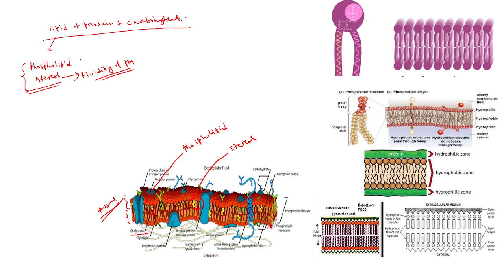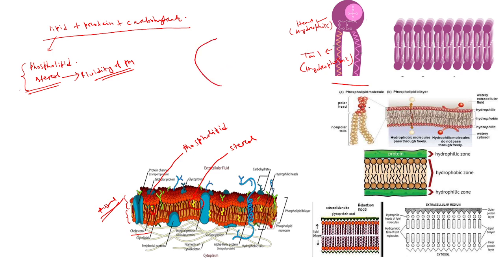So this is the phospholipid. That means this type of structure is called the phospholipid. One is called the head part, and it is hydrophilic, and there is the tail part, and it is hydrophobic. Now, why is the head part hydrophilic and why is the tail part hydrophobic?